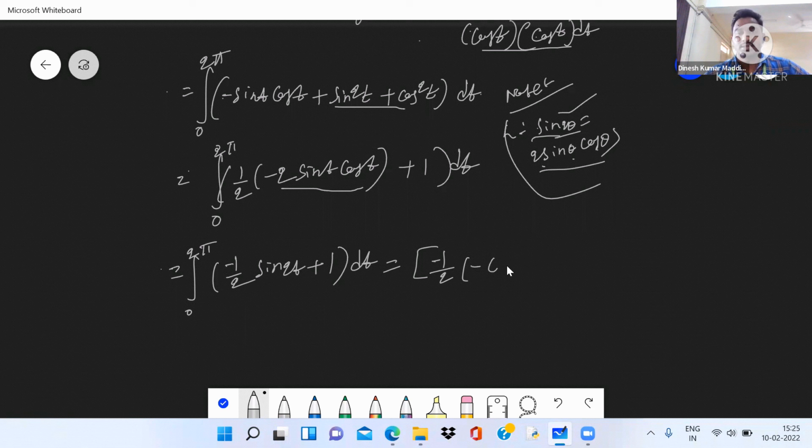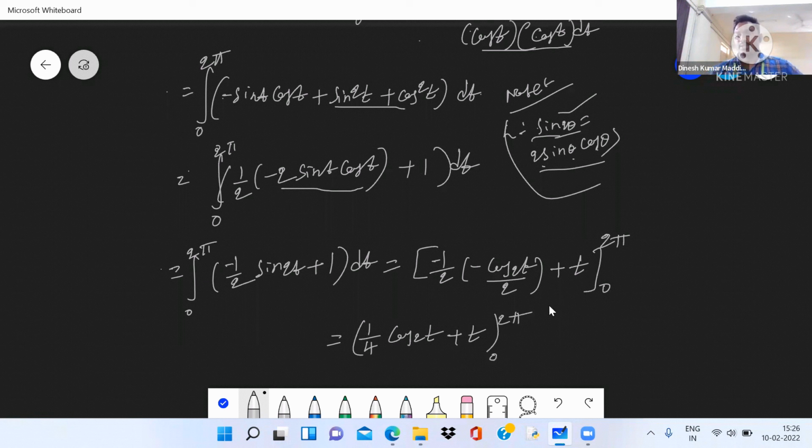Minus cos 2t by 2, plus t, limits 0 to 2 pi. Okay? So minus minus will get plus, that is 1 by 4 cos 2t plus t, limits 0 to 2 pi.